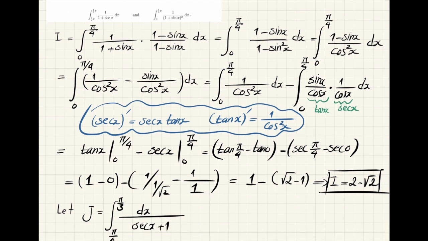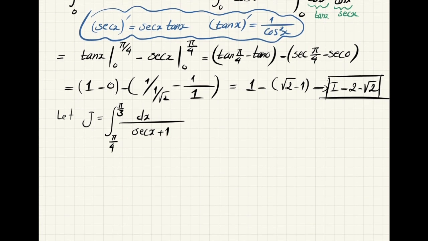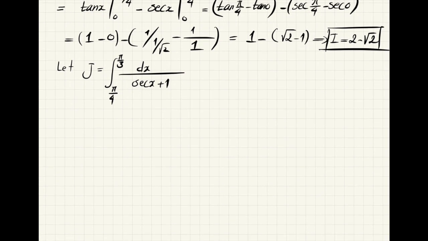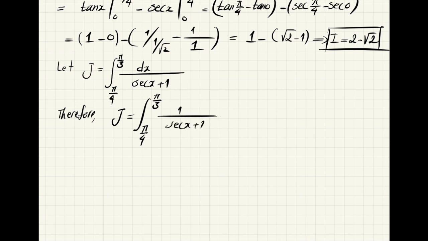Instead of 1 plus secant, I have written secant plus 1, which doesn't matter. Now I multiply the numerator and the denominator by the conjugate of the denominator. Therefore J is equal to the integral from pi over 4 to pi over 3 of 1 over secant of x plus 1, multiplied by secant of x minus 1 over secant of x minus 1, dx.